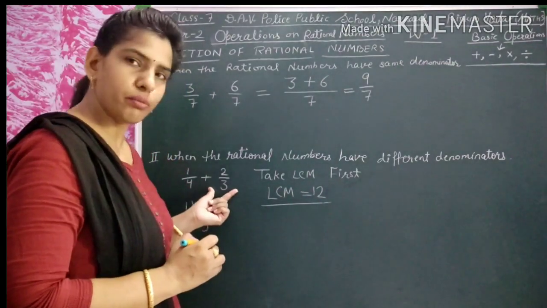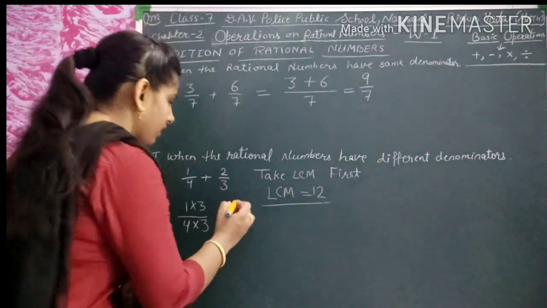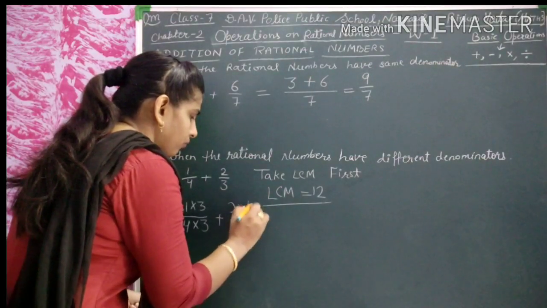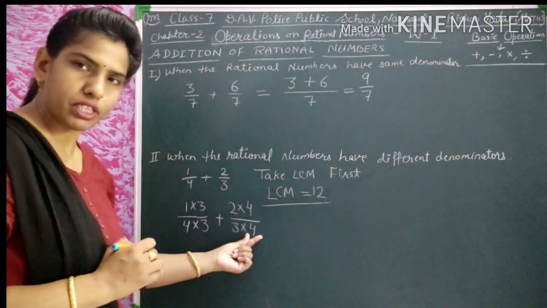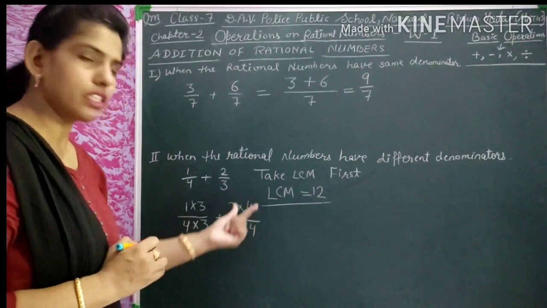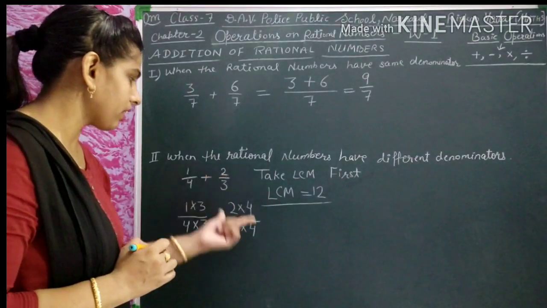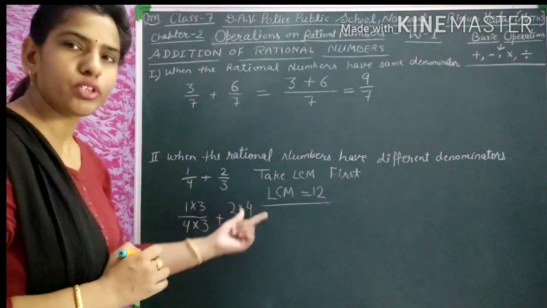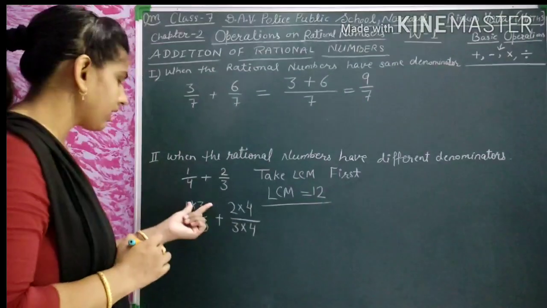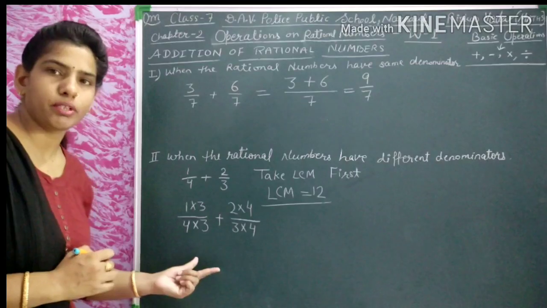What number will we multiply by 3 to become 12? Yes, 2 into 4 and 3 into 4, that is the number 4. Same multiplication, because both are equivalent numbers. We have to make an equivalent number. So we multiply 4 in numerator and denominator, and here 3 is multiplied in numerator and denominator.